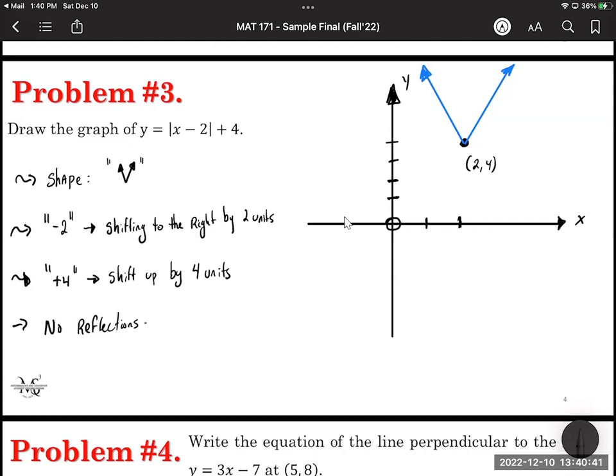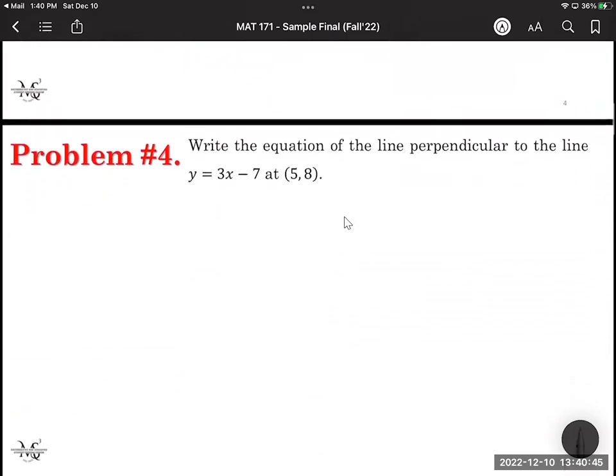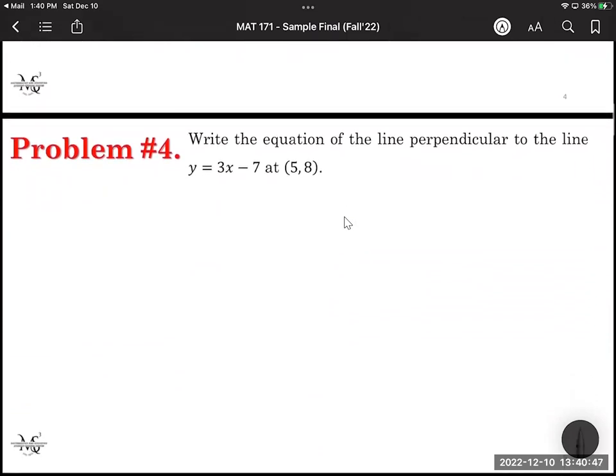All right, let's continue. Problem number 4 states that we want to write the equation of the line perpendicular to the line y equals 3x minus 7 at the point (5, 8). So if 2 lines are perpendicular, what do we know about those lines? They will cross. However, what do we know about the slope? That's right, Yasmin pointed it out in the chat. They're negative reciprocals.